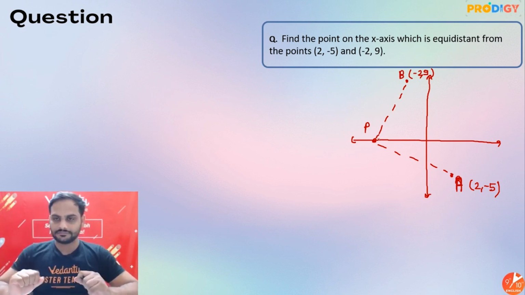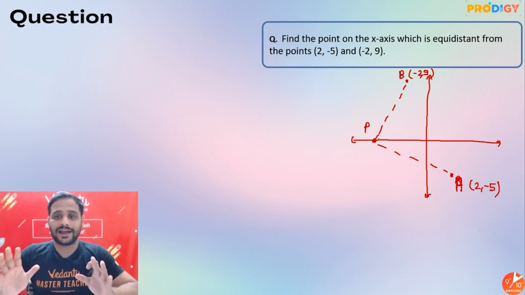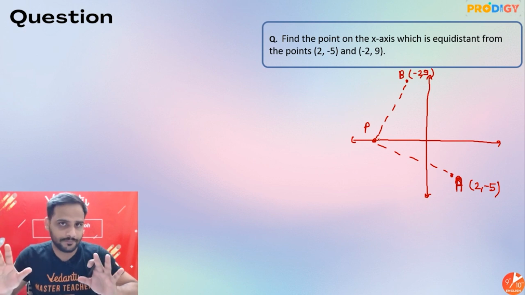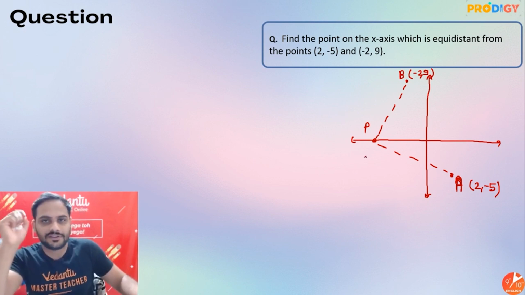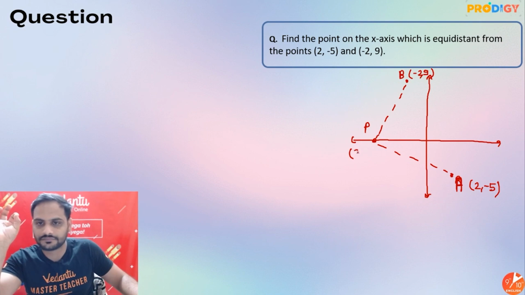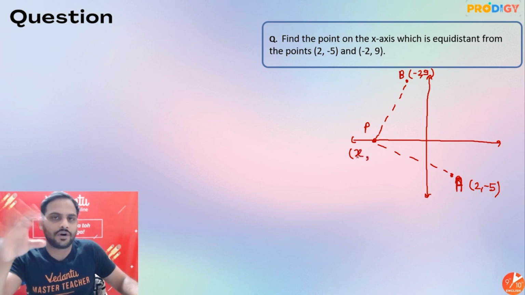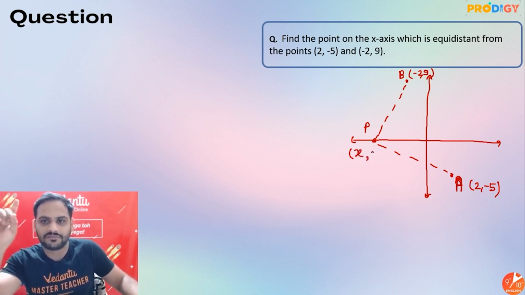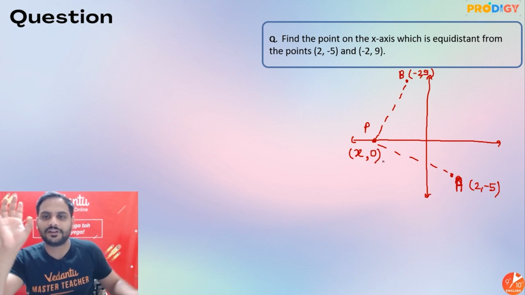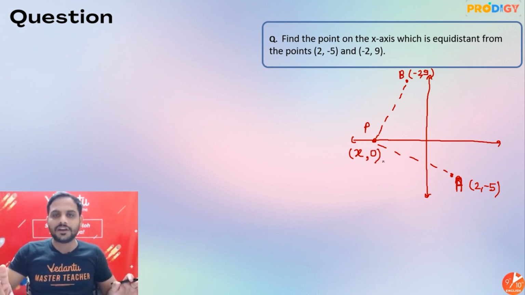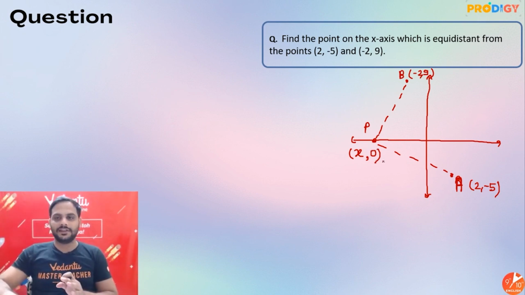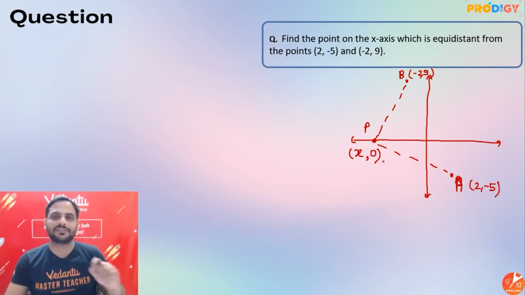Okay? So now, son, look, I don't know the coordinates of P. So I can say that since it is on the x-axis, the x coordinate can be anything, but the y coordinate of P is definitely 0. The x coordinate of P can be anything, but the y coordinate of P is definitely 0.